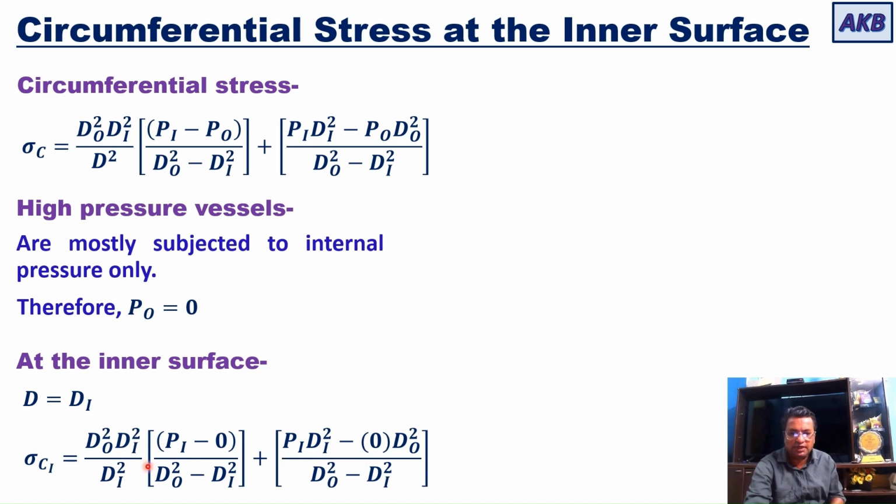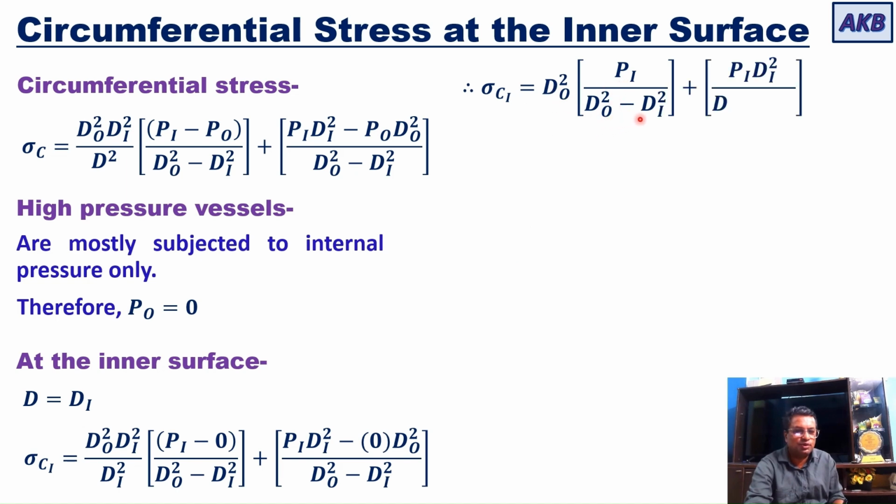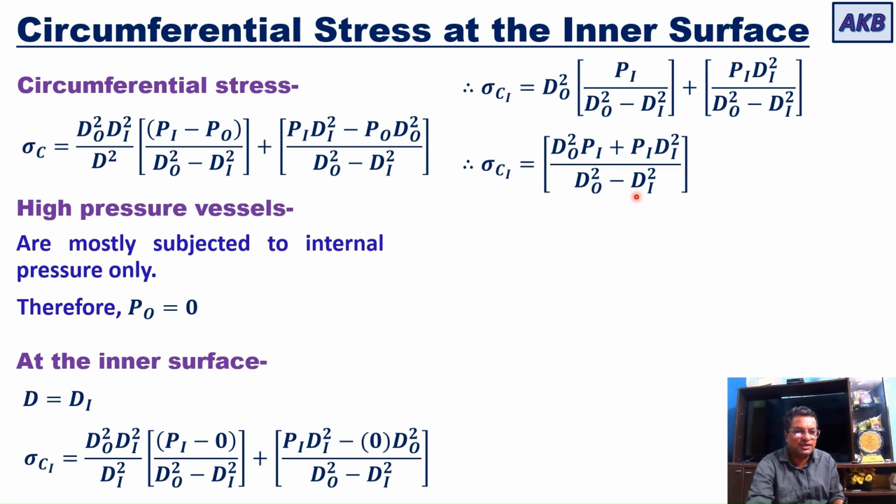So now di square will get cancelled, and you are left with sigma Ci is equal to dO square into Pi upon dO square minus di square, and here this is 0, so it will be Pi di square upon dO square minus di square. That is, sigma Ci is equal to dO square Pi plus Pi di square upon dO square minus di square.